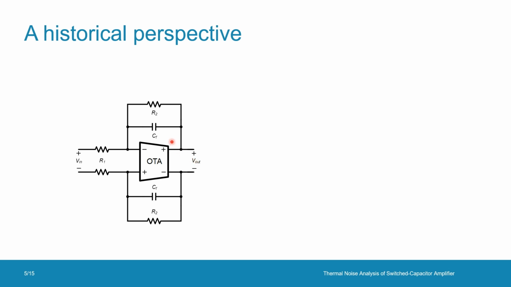Nevertheless, the integration of active filters using resistors and capacitors to accurately set the time constant R2CF has always been very challenging because of the large process variation, which could be as large as 30%, and also the fact that resistors and capacitors do not naturally match each other.